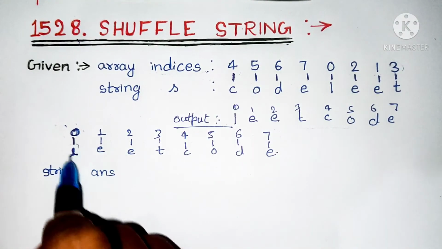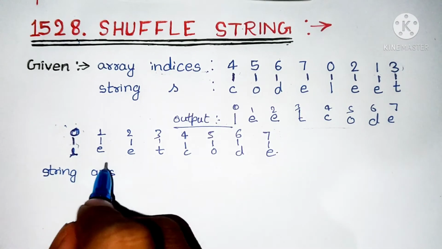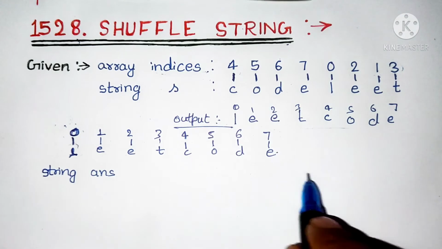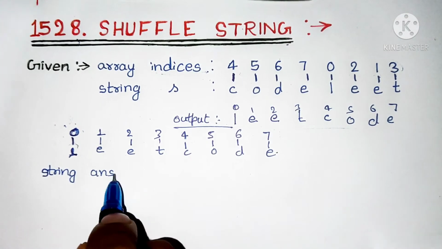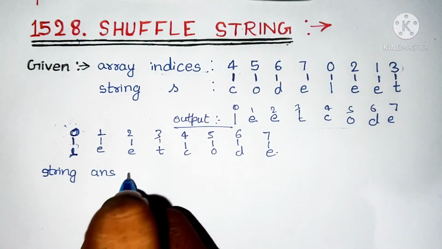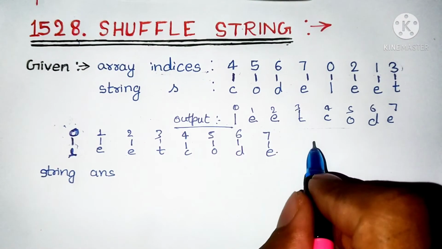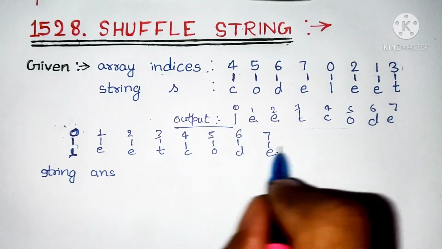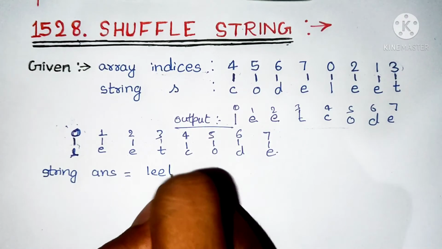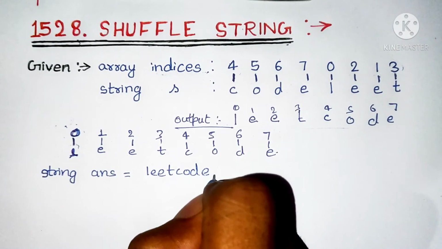We will not push the key, we will push the value. If this pair is P, then P dot second we will concatenate to our answer, right? So after we are done iterating through this map, our answer will be equal to LeetCode. Okay, it was simple, right?